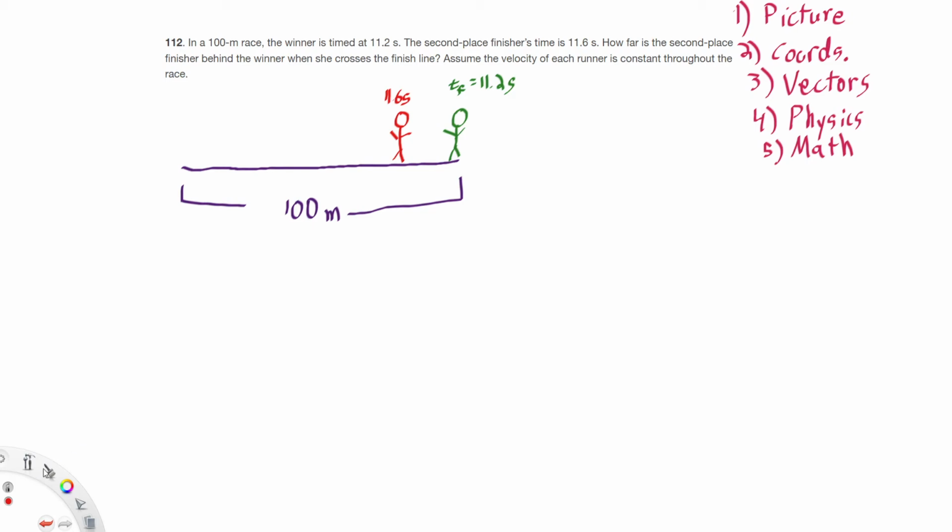We are very interested in finding out what this distance here is, which I'm going to label R. What is this distance between the two runners when the green runner is crossing the finish line?